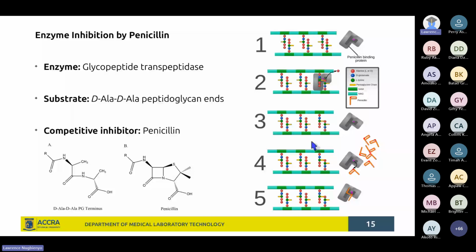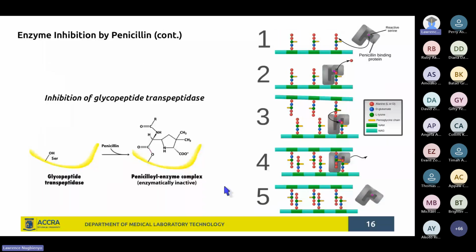Now, you see this ring, we'll talk about that ring much later. You can look at it much more this way, that if this is the enzyme, the glycopeptide transpeptidase, with an active center having that serine residue there.